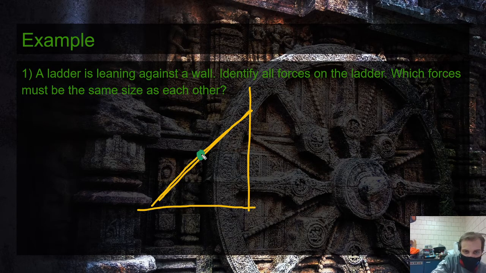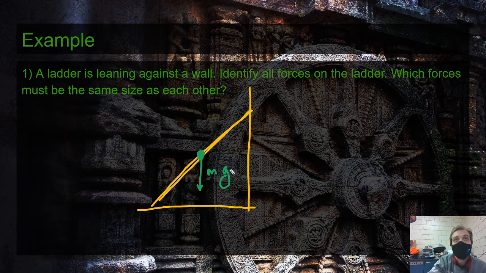Gravity always comes from the center of mass, so effectively straight from the middle. Oh, I just realized that we probably should have learned about how to figure out where center of mass is for an object, but we don't have time. All right, there are 4 other forces on this ladder.